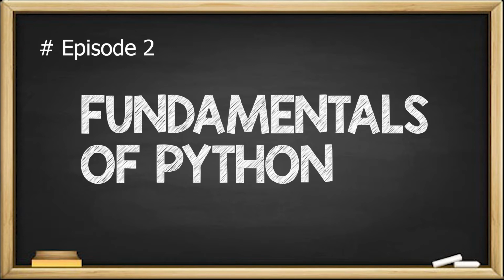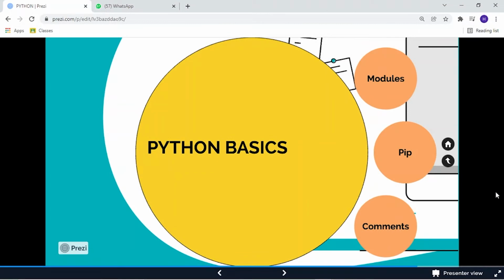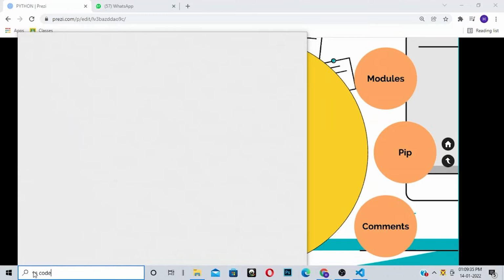So let's start with how to make our very first Python program. What you'll do is search in your search bar for VS Code, which we have already installed in our last video, and open it.